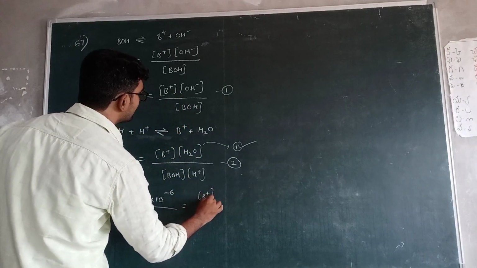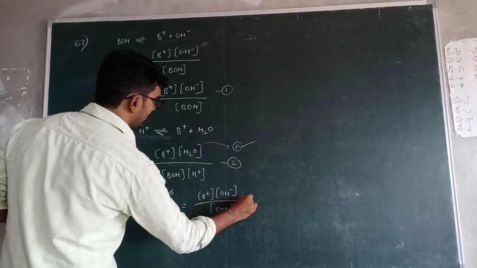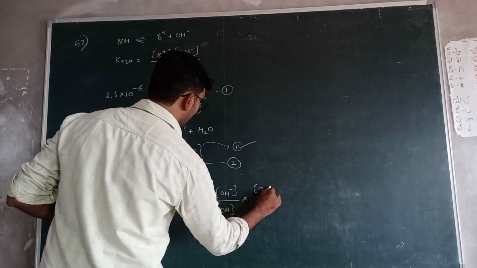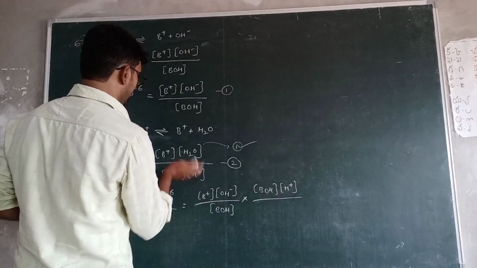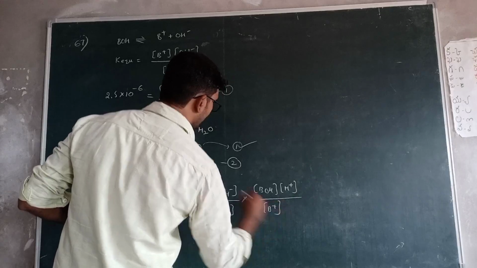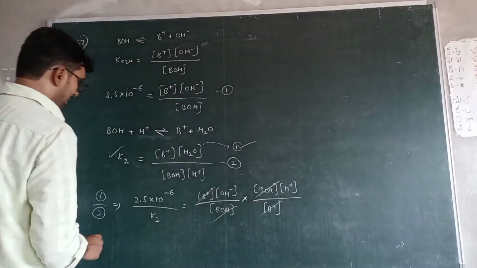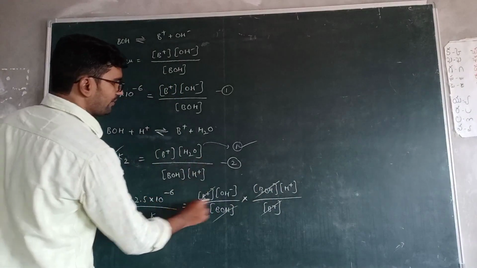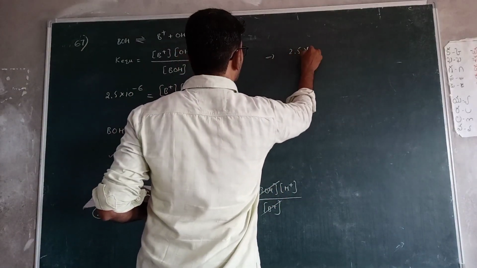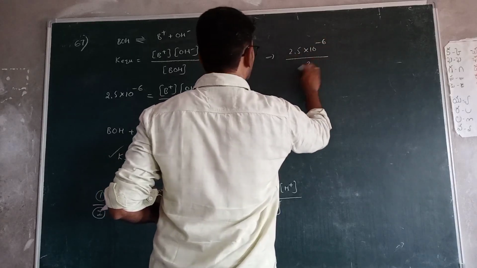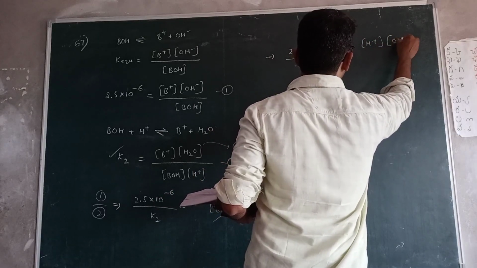So concentration of B+ into concentration of OH minus by concentration of BOH, into concentration of BOH into concentration of H+ by concentration of B+ only, because this value is 1. These two are cancelled. Then what is left is concentration of H+ into concentration of OH minus. So 2.5 into 10 to the power of minus 6 by K2 is equal to concentration of H+ into concentration of OH minus.